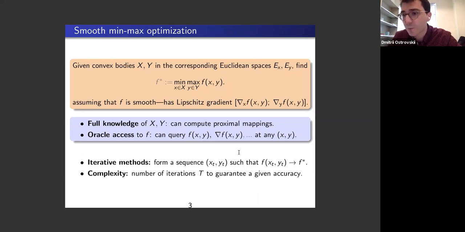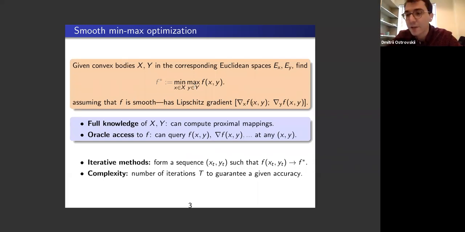I will not talk about it right now in much detail, but the point is that it's quite natural from the theory that we consider, and anyway, the access to the function is local. The question is, what is the order of the oracle? So in the iterative methods, we form a sequence of points such that the corresponding function values approach f star, which is the value of the min-max.